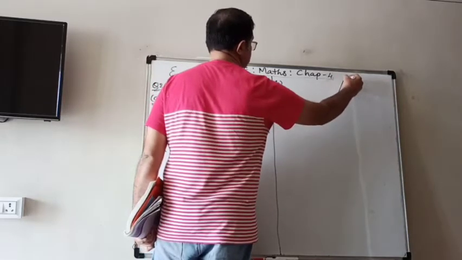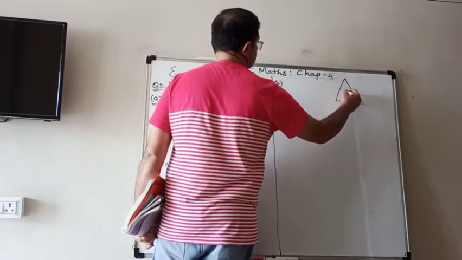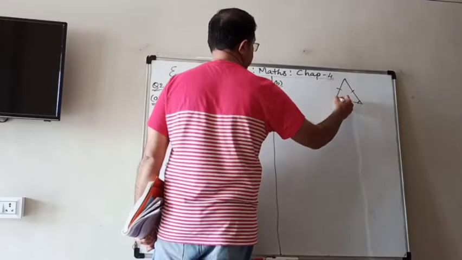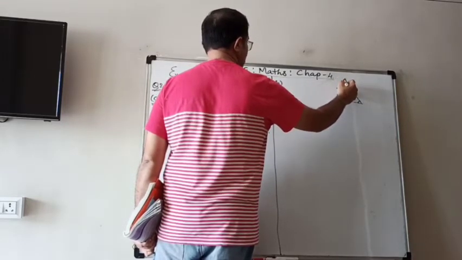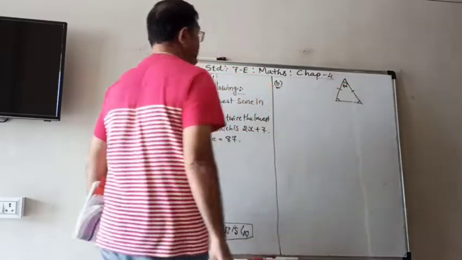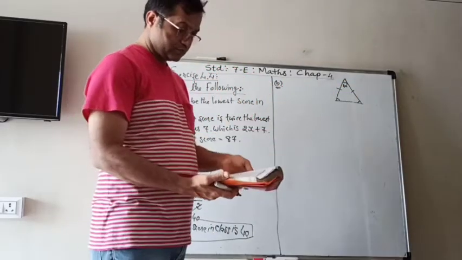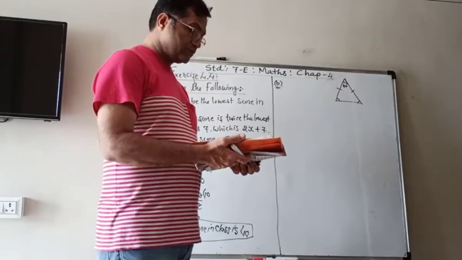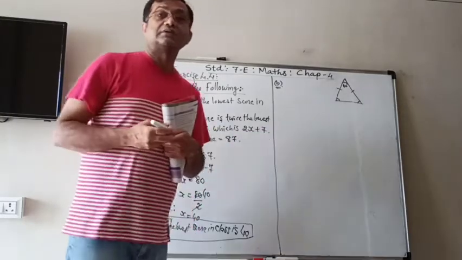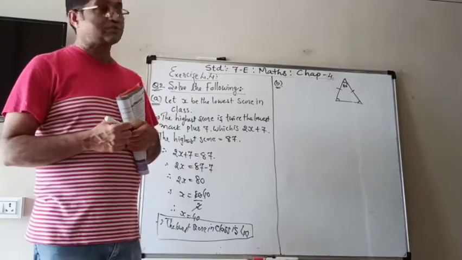Isosceles triangle means two sides are equal, so the two base angles are also equal. The vertex angle, the top angle, is given as 40 degree. Now we have to find the two base angles.